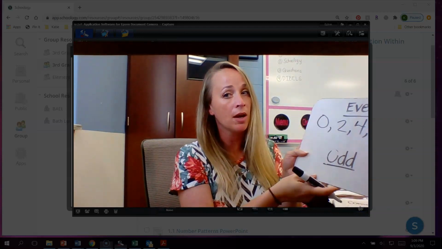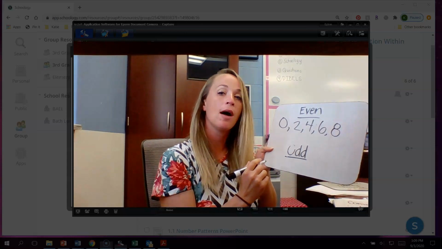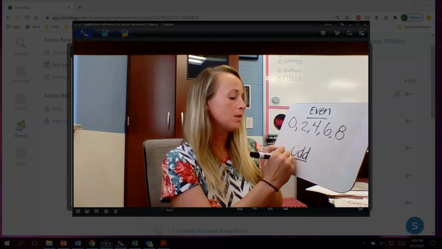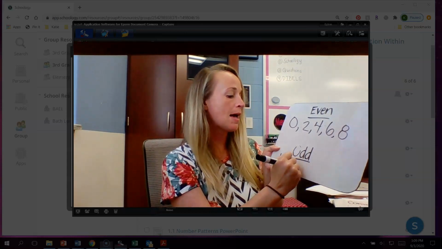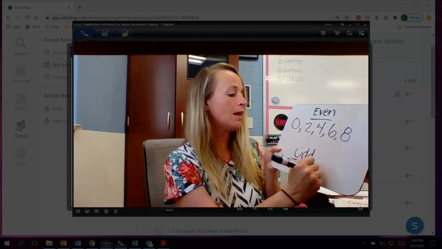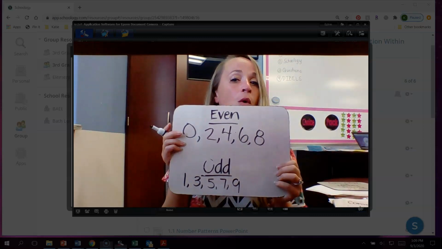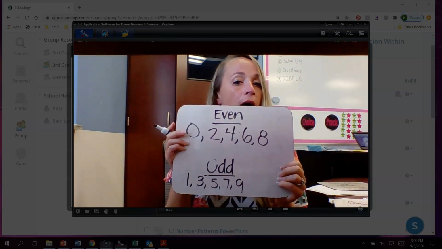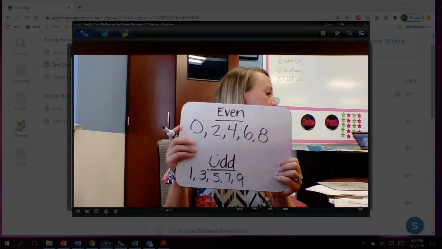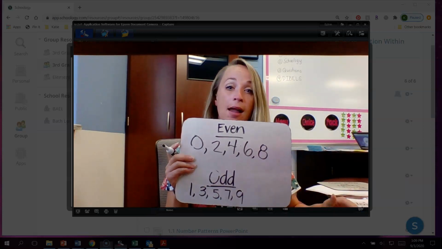Odd numbers are all the numbers in between. They don't have a buddy. 1, 3, 5, 7, and 9. So our even numbers are 0, 2, 4, 6, 8. Our odd numbers are 1, 3, 5, 7, and 9.